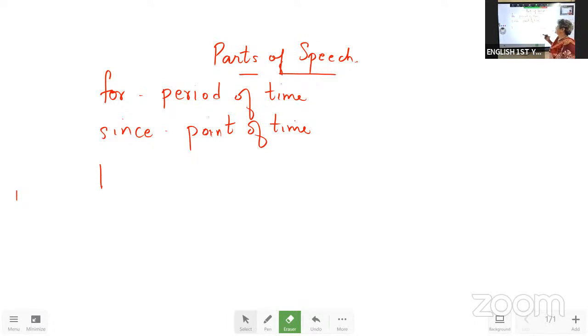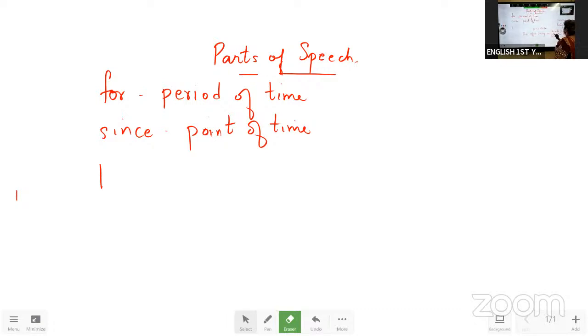So other than this, there's another example, like the office timings are 9 a.m. dash 4 p.m. It is automatically understood from 9 a.m. to 4 p.m. But in case and is written here, you cannot use from.